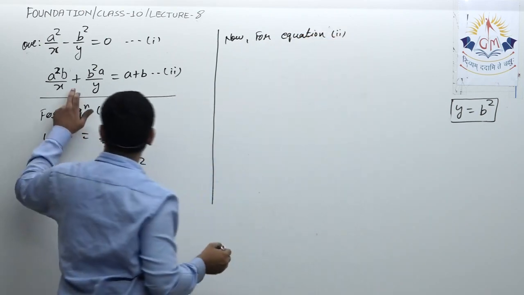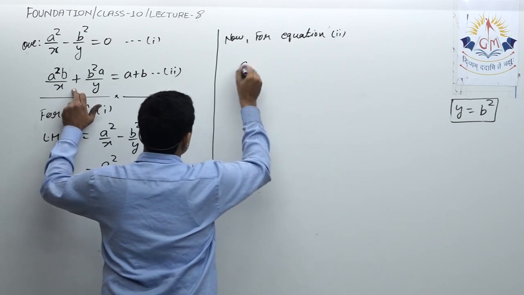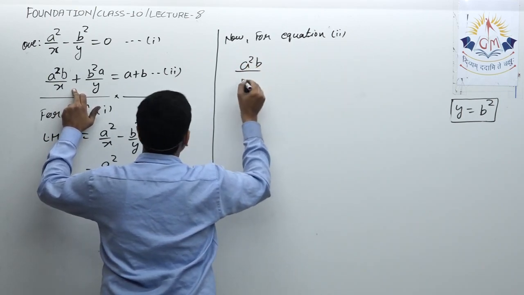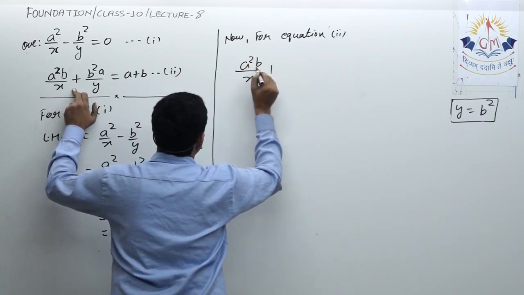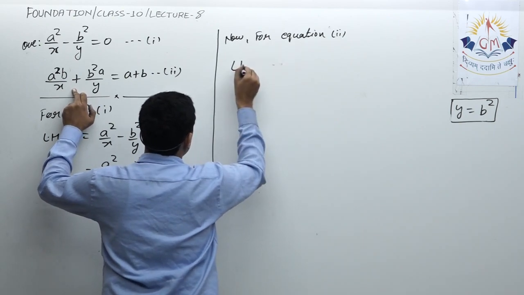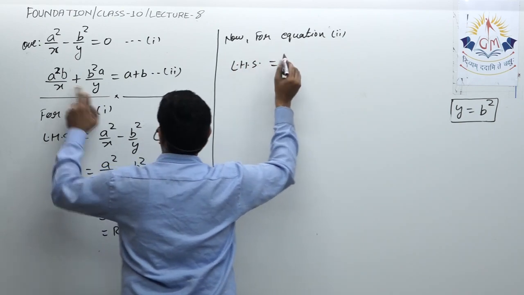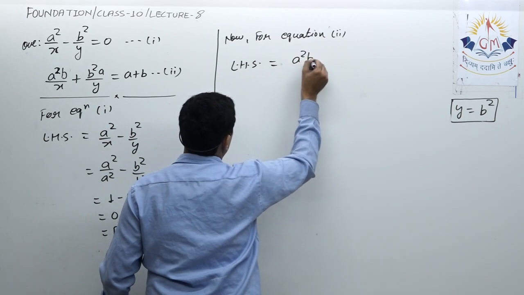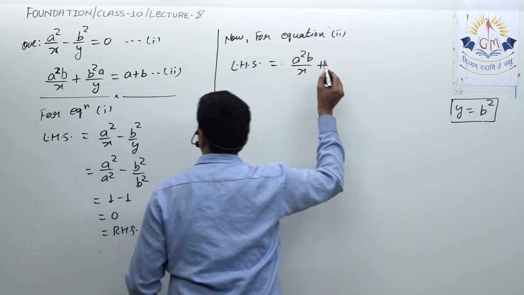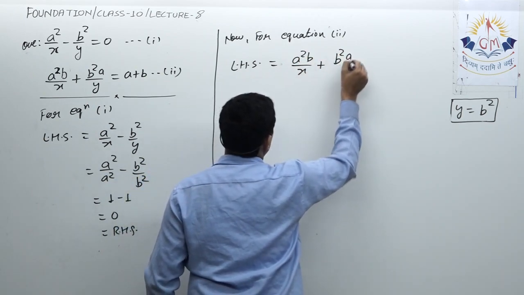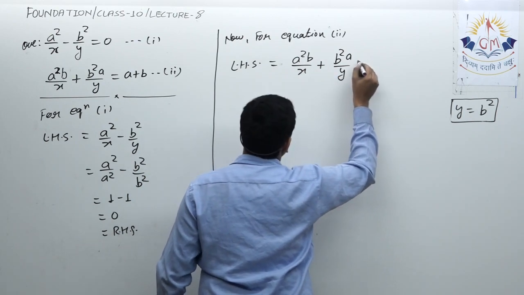So now for second equation, for equation 2, what is equation 2? a square b upon x. Okay, so left hand side is a square b upon x plus b square a upon y.